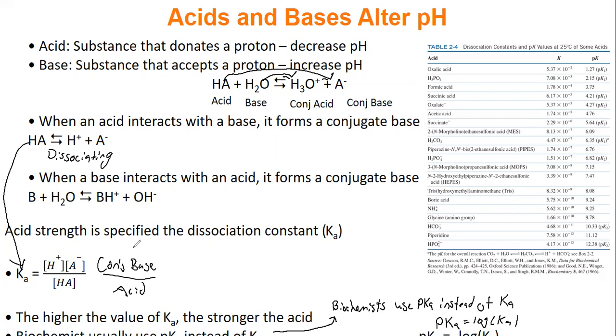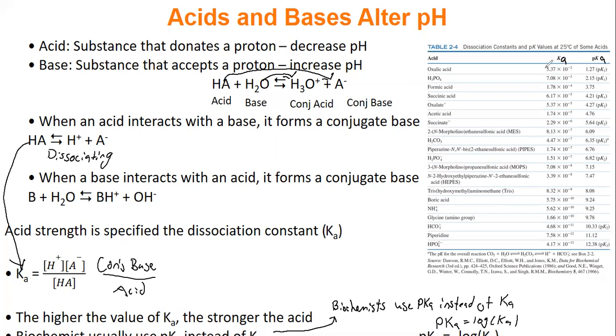And when you talk about acid strengths, you actually don't talk about Kas, you talk about pKas. And the reason for that is shown over here on the table on the right. Even though it says just K, these are Kas and these are pKas. And the numbers are a lot easier to talk about when it comes to pKas than Kas.